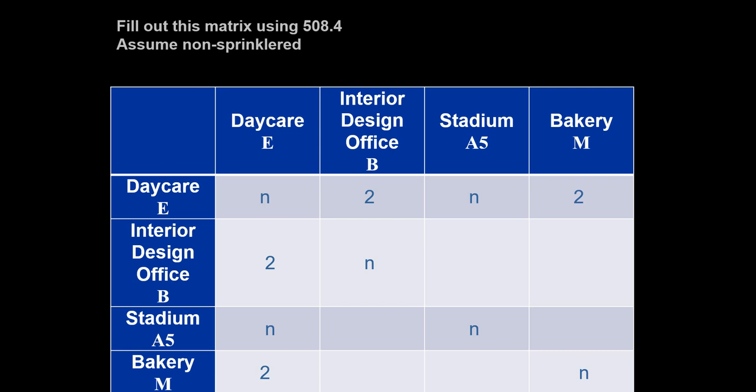So we basically took care of a good chunk of the chart by looking at the daycare going all the way through. So what's going to be left? Well, what about the interior design office with the stadium? All right, that would be something to think about. And the interior design office with the bakery. How would that look?